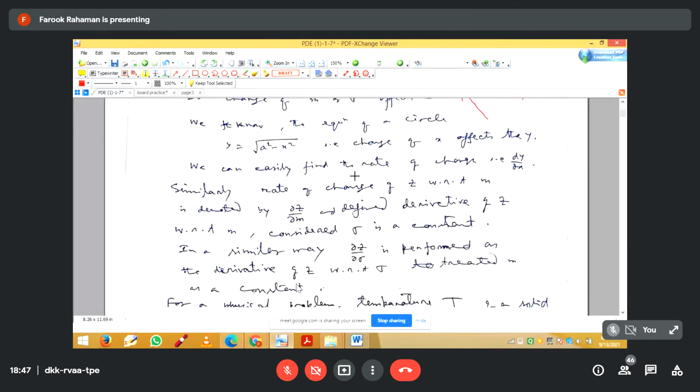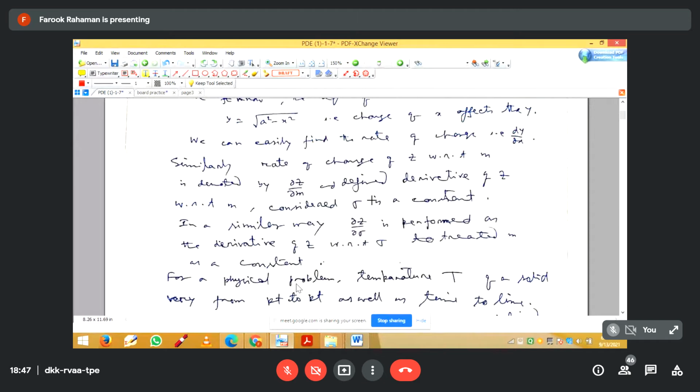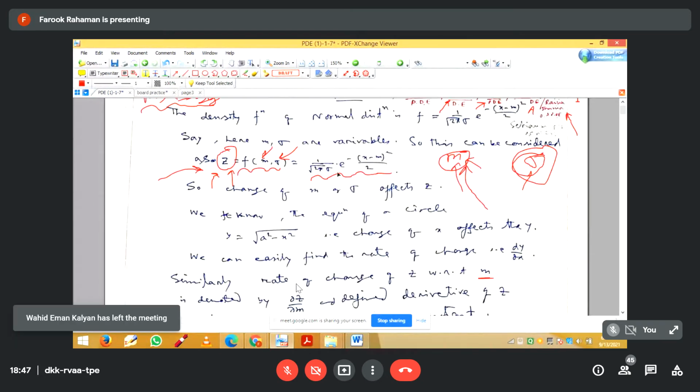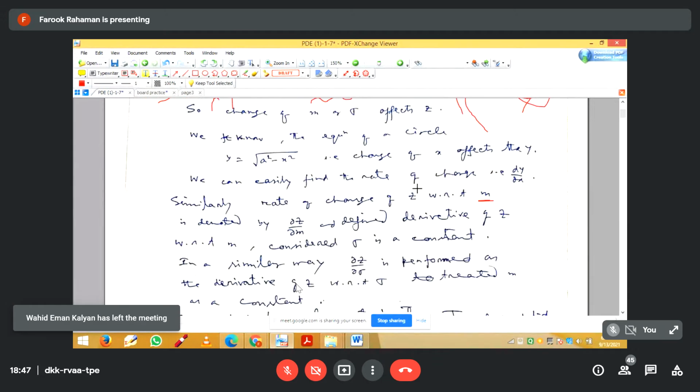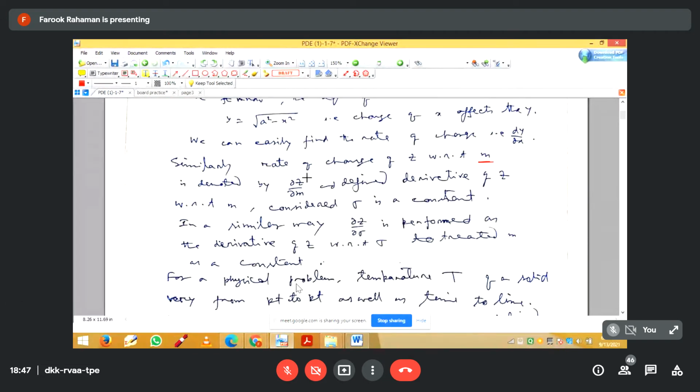So, for example, if we find the rate of change of only the variable m and keep sigma fixed, then one will get the partial differentiation with respect to m. Similarly, if you find the rate of change of only the sigma variable and keep m fixed, then one will find the partial differentiation with respect to sigma.